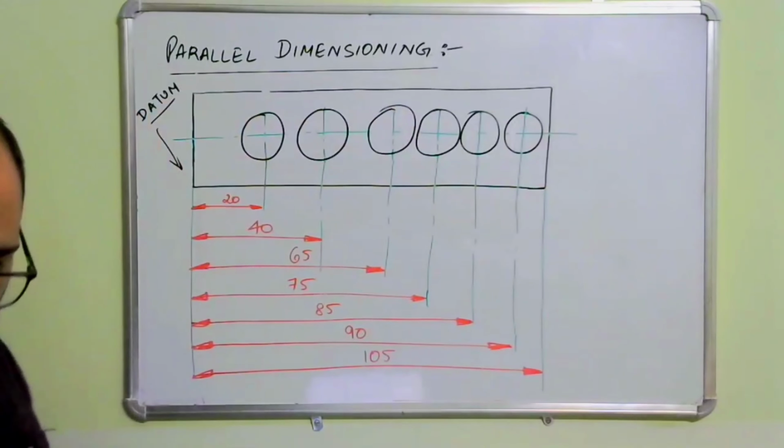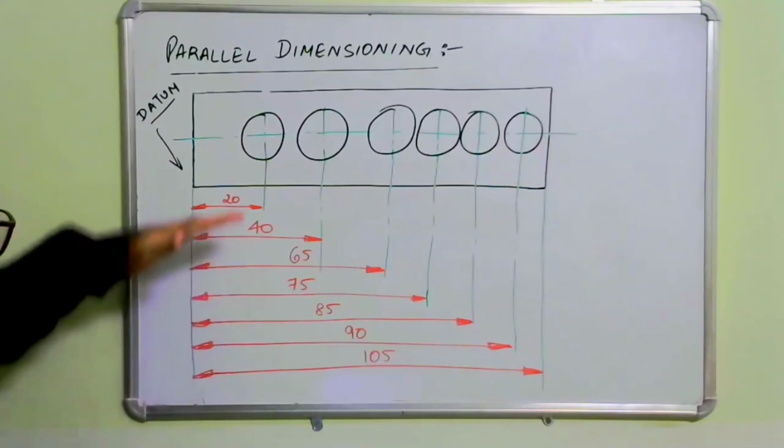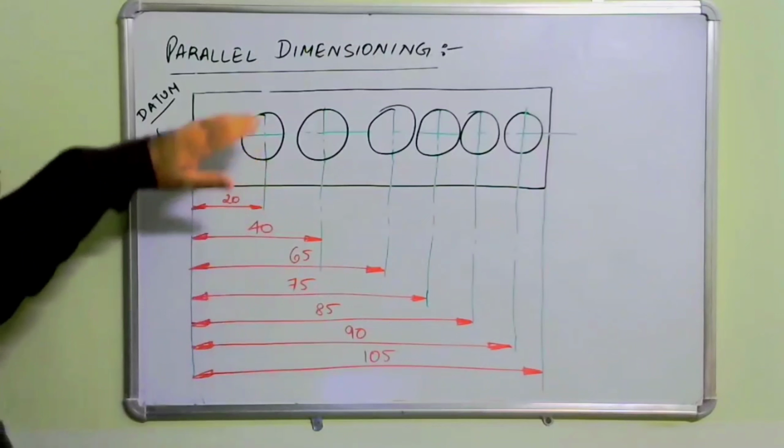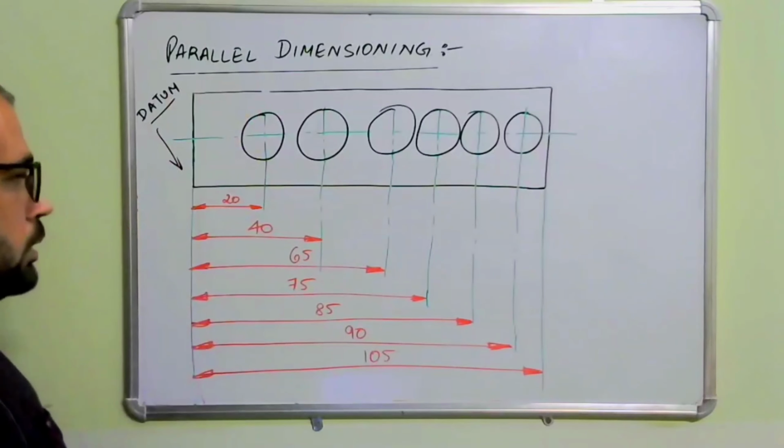Right, so here you can see all the dimension lines are parallel to each other. So this is known as parallel dimensioning.